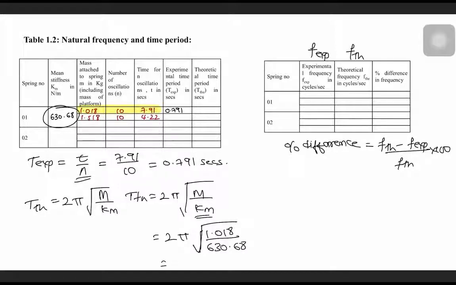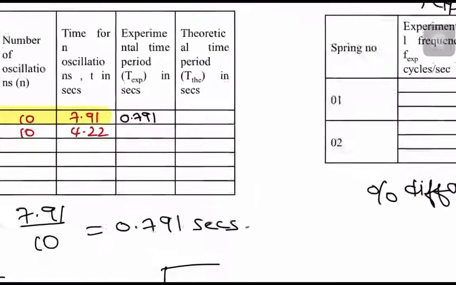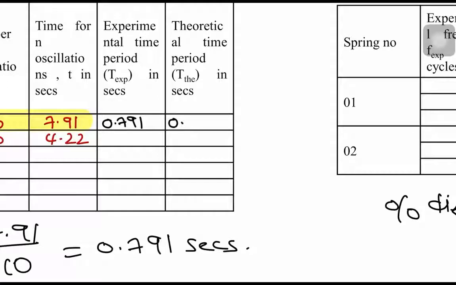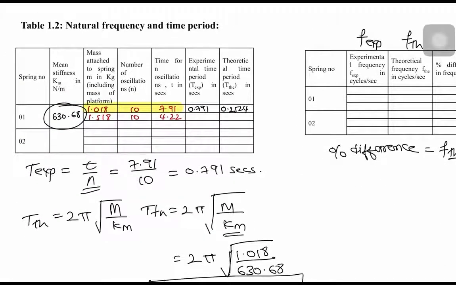So the obtained value for T theoretical is 0.2524 seconds. So this is your T theoretical. Substitute back, it is 0.2524.